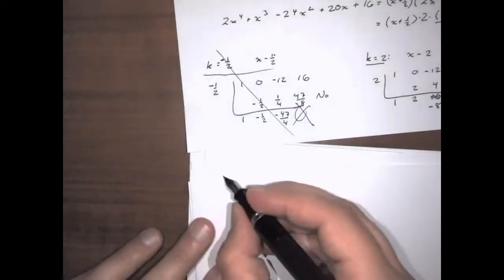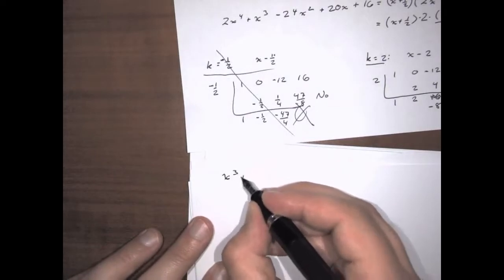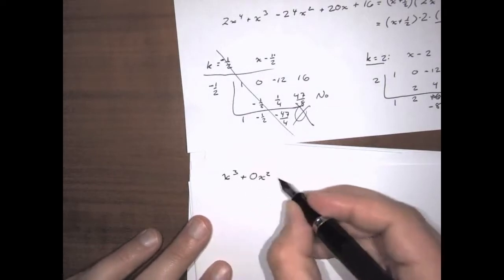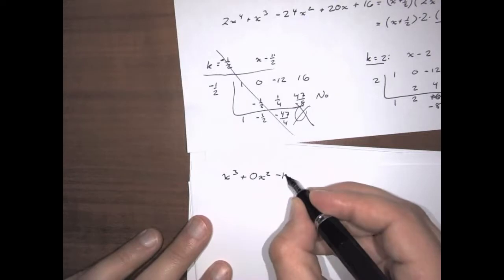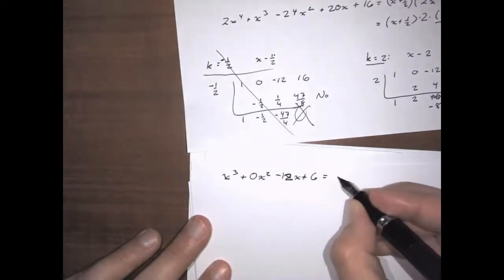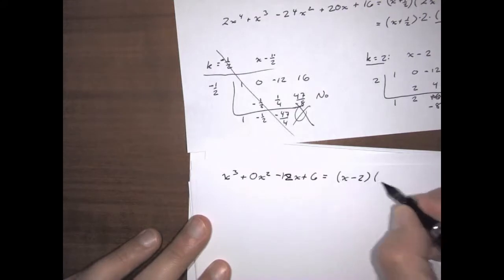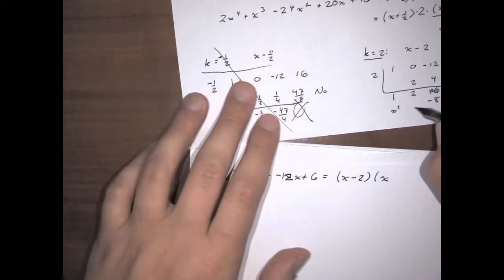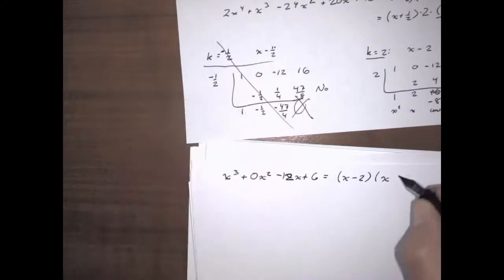So x cubed plus 0x squared minus 12x plus 16 is the same as x minus 2 times, so these are now x squareds, x's, and constants, x squared plus 2x minus 8.